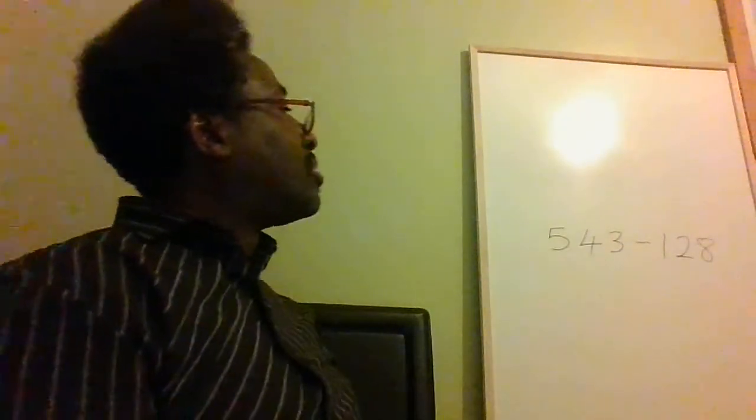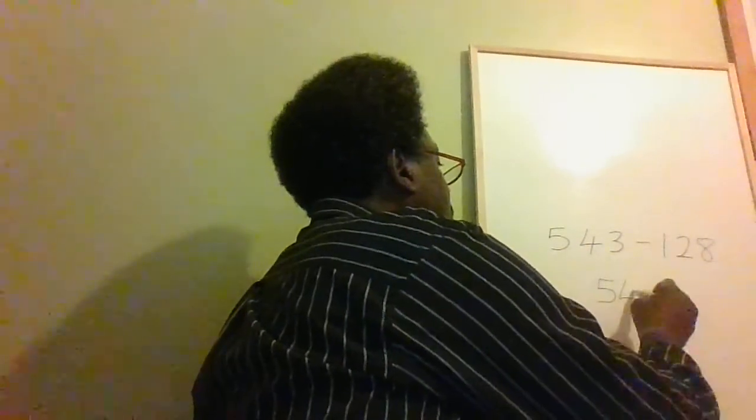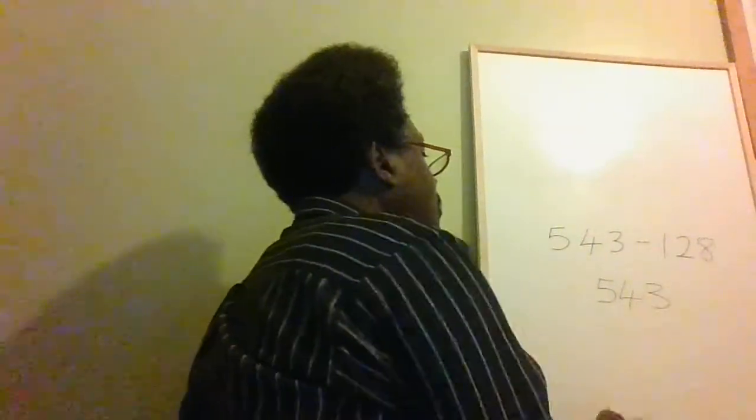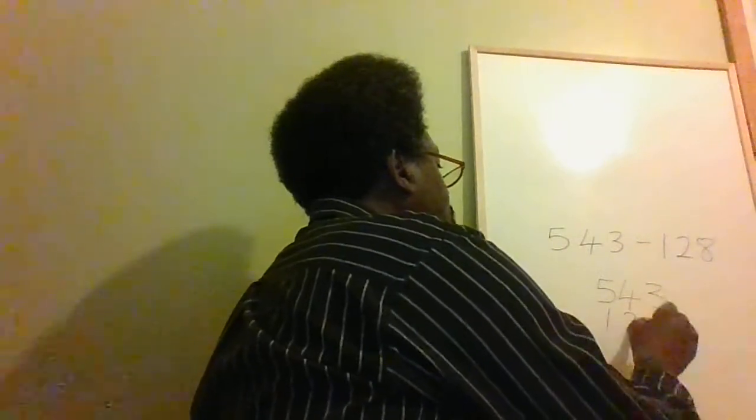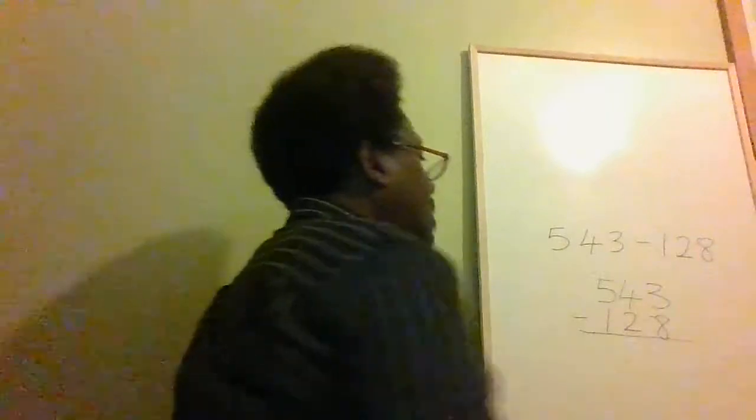Put the first number on top, the bigger number, 543, and you put the 128 below. Put your takeaway sign, draw a line under there.